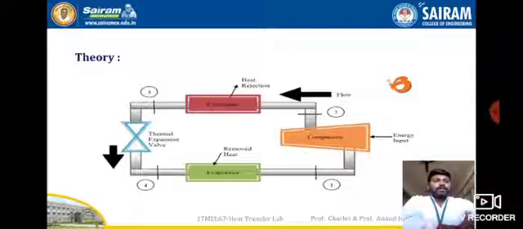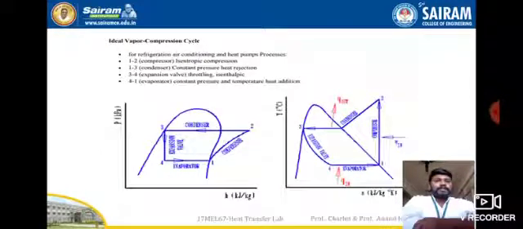Moving on, this is the ideal vapor compression cycle. Process 1 to 2 is isentropic compression. Compression takes place adiabatically, that is, entropy remains constant.